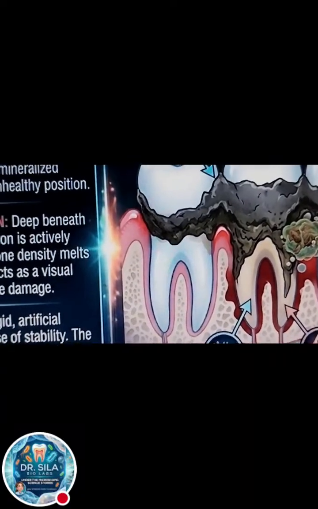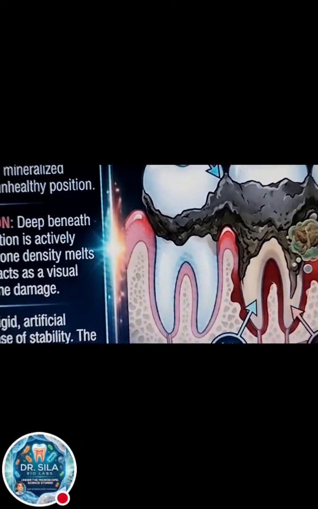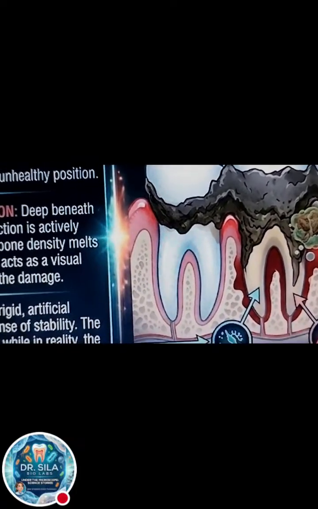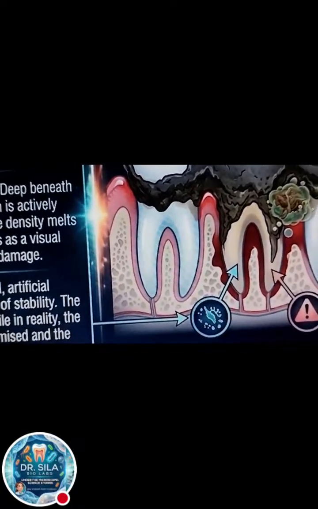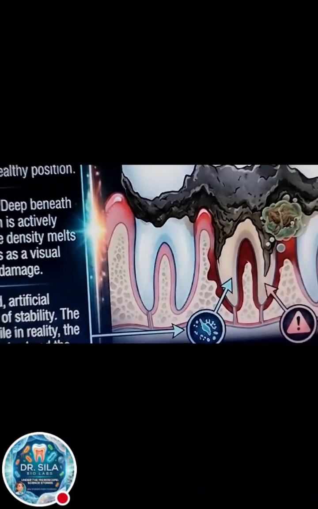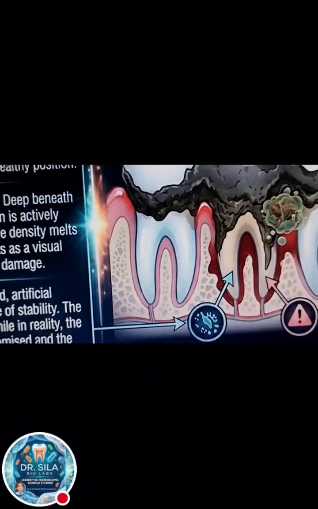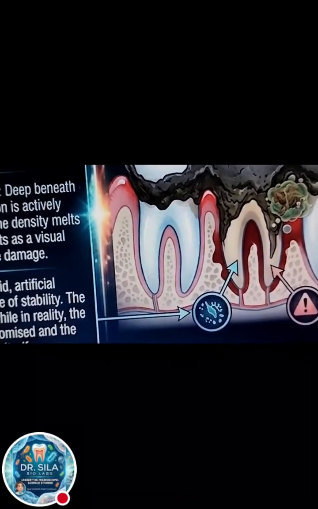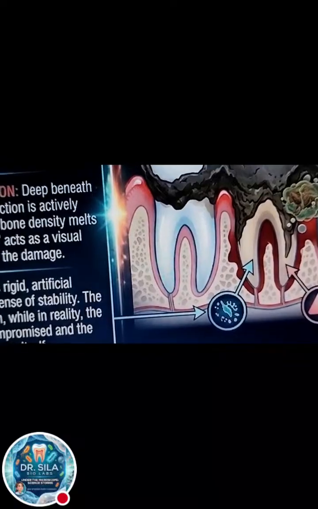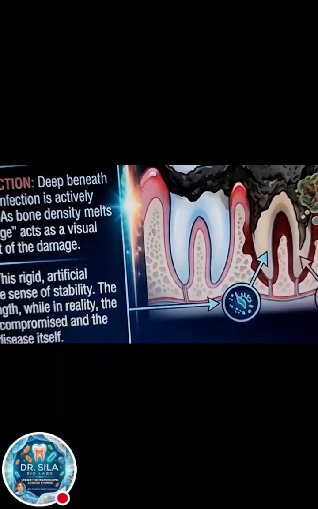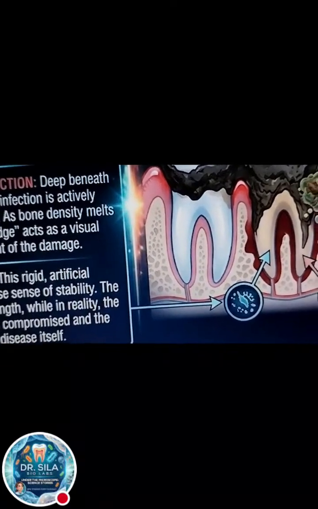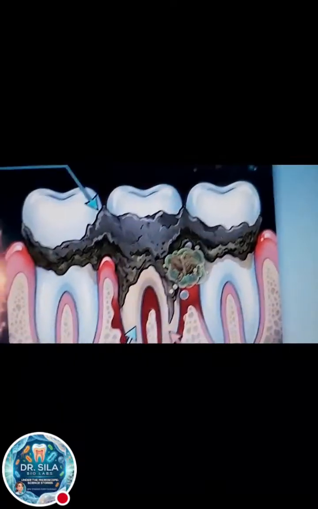As the jawbone density melts away, the calculus bridge acts as a visual shield, hiding the extent of damage. Splinting teeth, this rigid artificial cement provides a false sense of stability. The patient perceives strength while in reality the underlying support is compromised and the teeth are held by the disease itself.